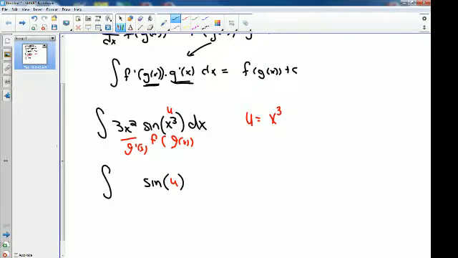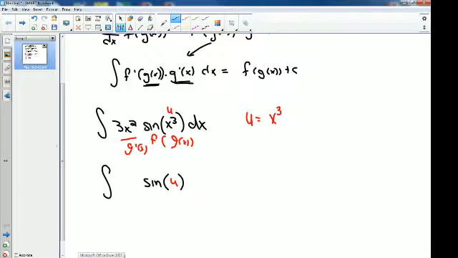I've just substituted. How do I get rid of the rest? So now look at this. I have to get rid of the dx because it's u, right? Those don't match anymore. And a 3x squared, all that has to be changed into terms of u.